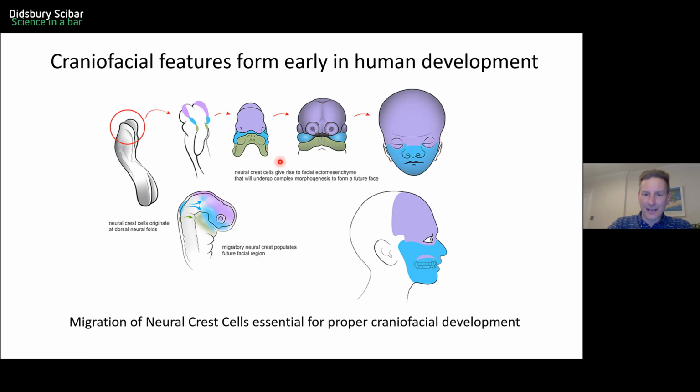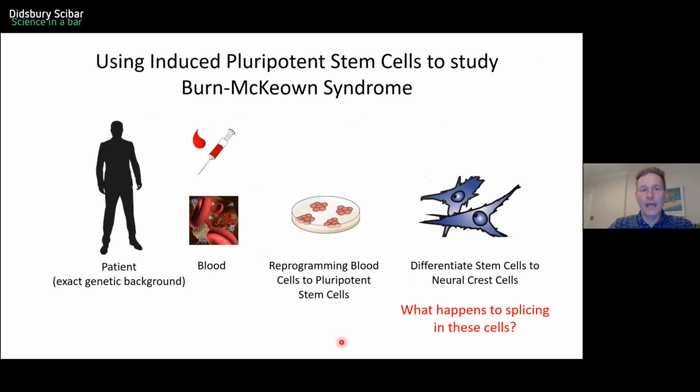Unfortunately, as scientists, we can't look at early human development and see what's going on. So we've had to devise different methods. The way we've done this is we've gone to some of the new stem cell technologies that we have these days, and it's amazing what we can do now that we couldn't do 10, 15 years ago.